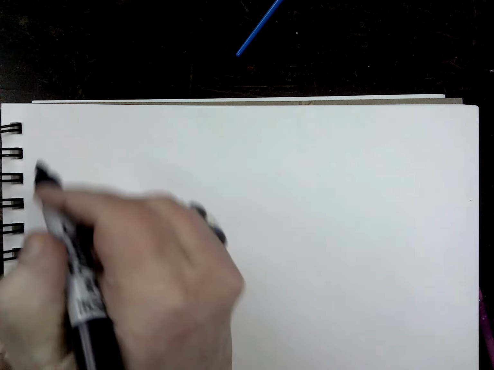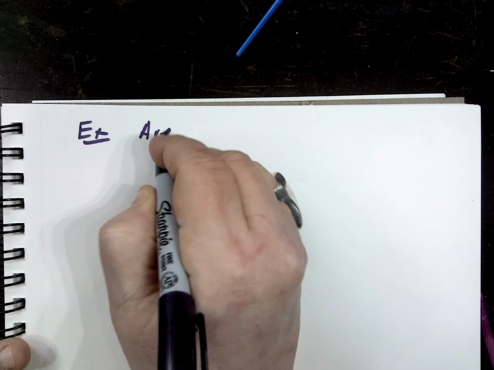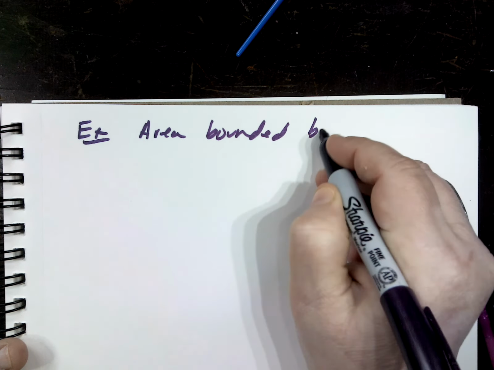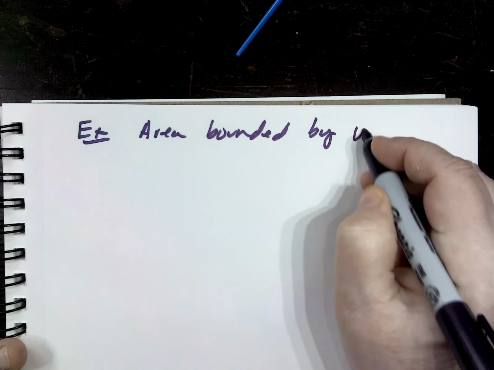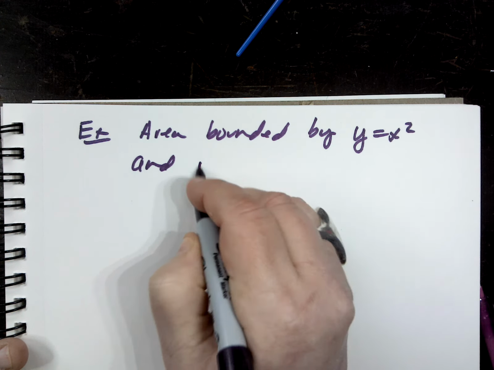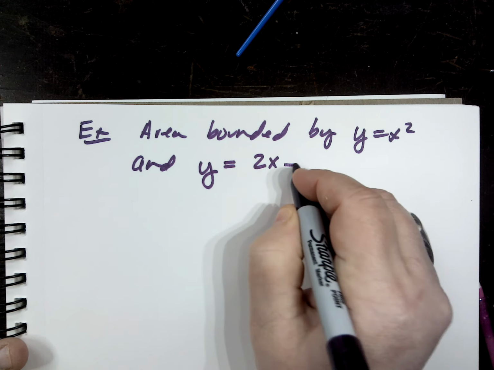Let's do an example. Suppose we want to find the area bounded by y equals x squared and y equals 2x minus x squared.